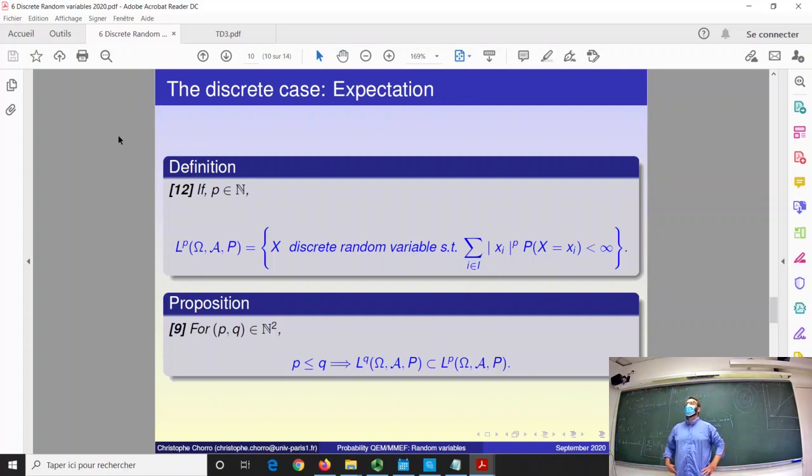But what's less visible for us is why a sum of absolute value xi to the power of p multiplied by a probability, as p goes larger, is more restrictive.